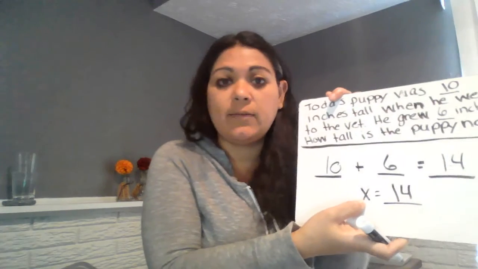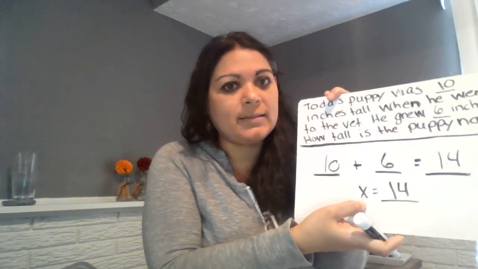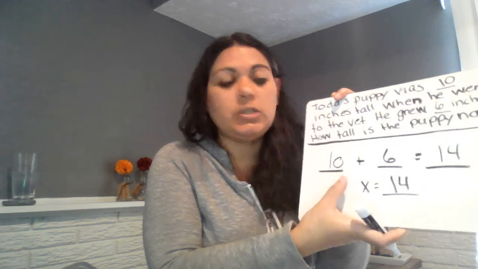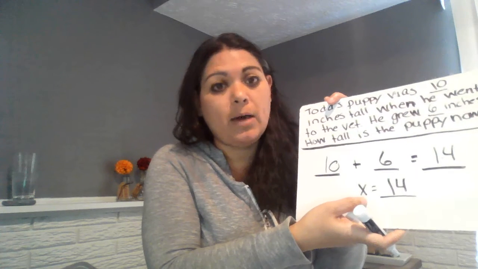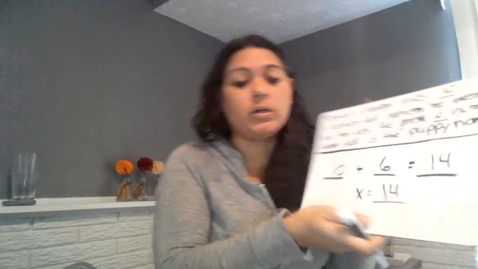So we said that an unknown amount is 14. And many times you will see the unknown amount as instead of a question mark, it's going to be an X. Okay, so I'm just going to use X because I'm going to say that unknown amount or that question mark is 14.